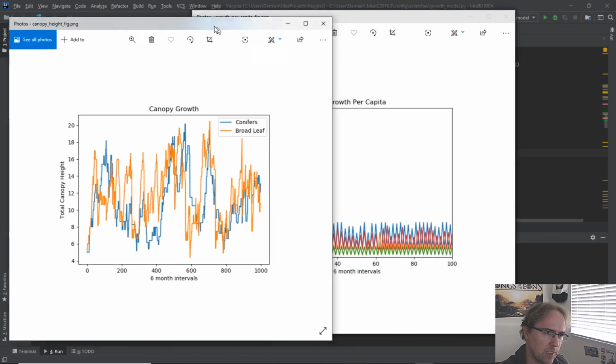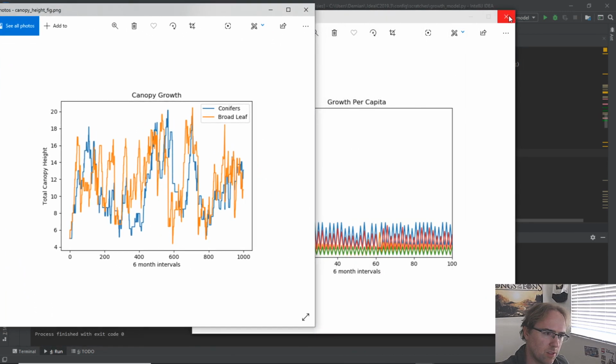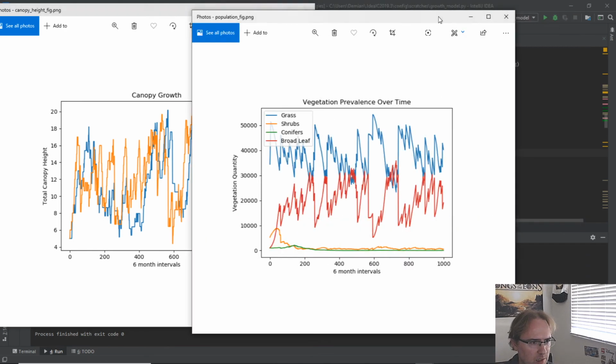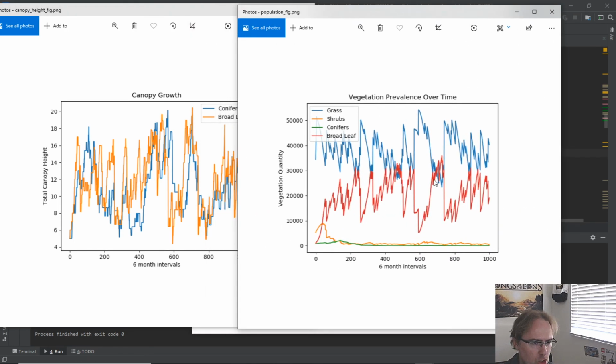Let's see. So during these periods, here's what I guess this is what's crazy. Our growth per capita for trees is nearly that of grasses, and that seems like a problem. Why are our trees growing so quickly? Right, you can see they just shoot through the roof.